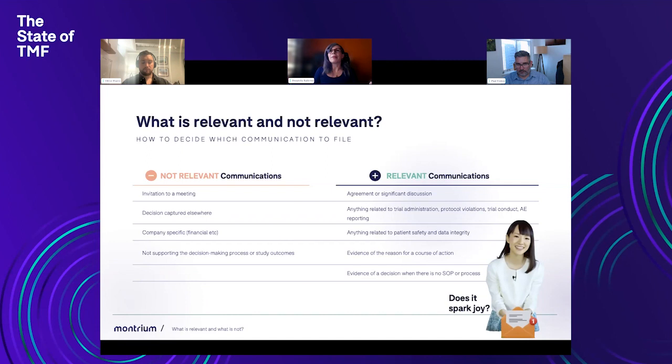But sometimes it happens that we don't have the SOP, we don't have the template. So whenever something is not captured in an official document, like a meeting minute, a form or a template linked to the company SOP, in that case, the email becomes relevant because it's going to replace an official document.